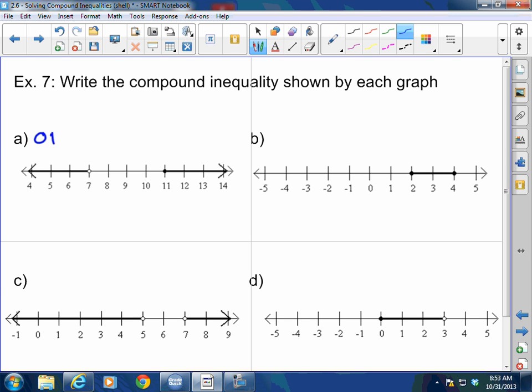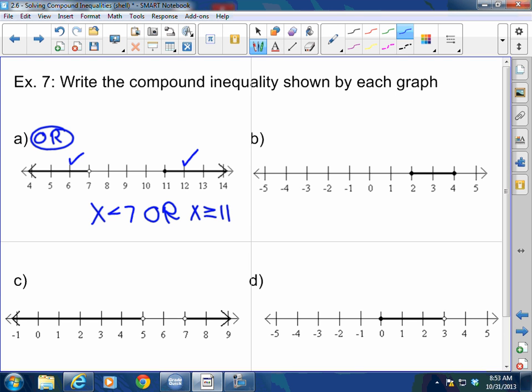Very good. How do I write the inequality for this? X is less than 7, correct? Or X is greater than or equal to 11. That is fantastic. Great job, son.